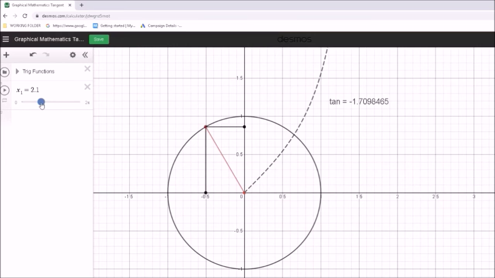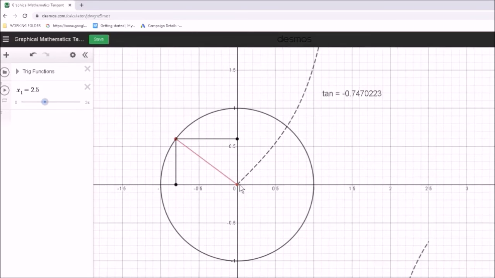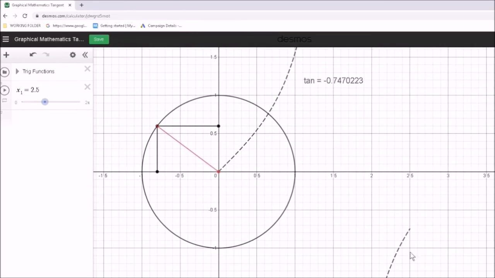And you can see here as we continue working along, you'll see the function actually appearing here in the bottom right. So what's happening here is that as we go to this angle here, this point here 2.5 represents the angle from here all the way round to this point here, and the height here is going to be the value of minus 0.747, which is just this distance here divided by this distance here.